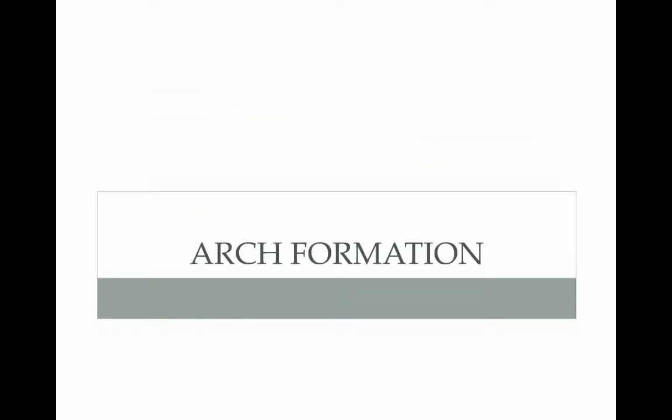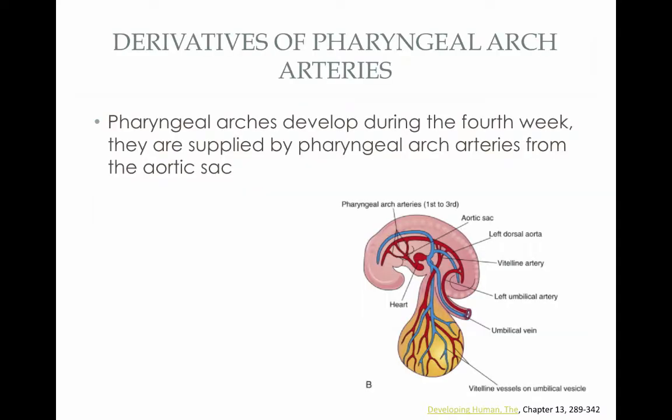So let's talk about arch formation. And so we're going to continue on and move on up. The pharyngeal arch arteries form and start to develop during the 4th week after conception.